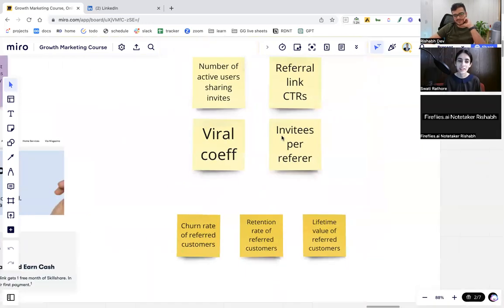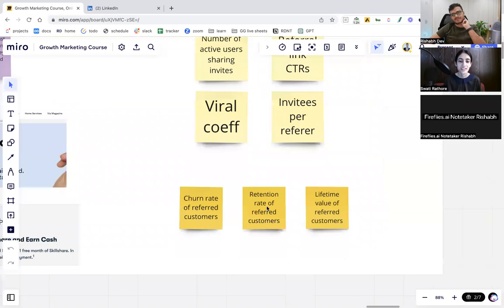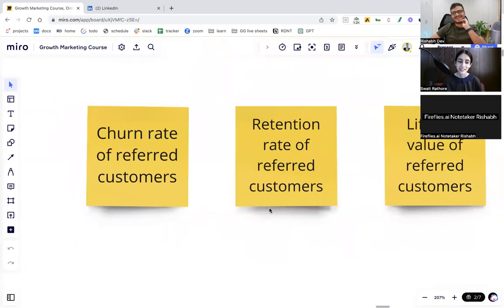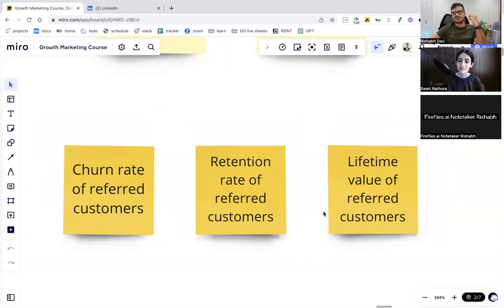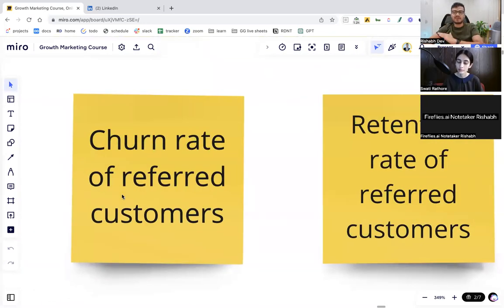Yeah, it's even much more complicated than it sounds. But if you're able to visualize this, then it becomes easy to imagine. So like I said, within the referred customers, you can then measure the churn rate of your referred customers and then compare it to the churn rate of your non-referred customers, to figure out if your referred customers are leaving faster than your non-referred customers, or the other way around.